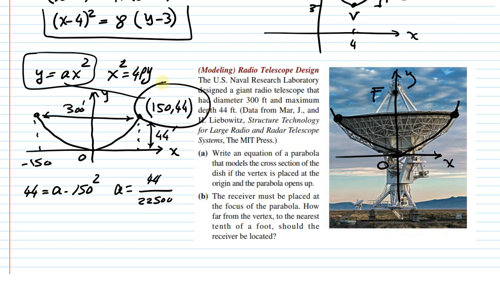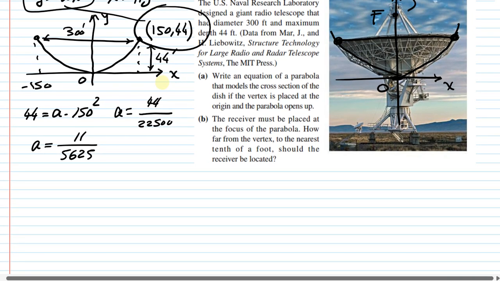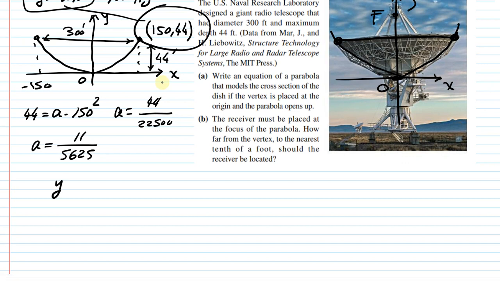Both of these are divisible by 4. You get 11 divided by 5625. So that's the coefficient. This will give us the full equation now. So the equation is y equals 11 over 5625 x squared. That's in polynomial form, right?